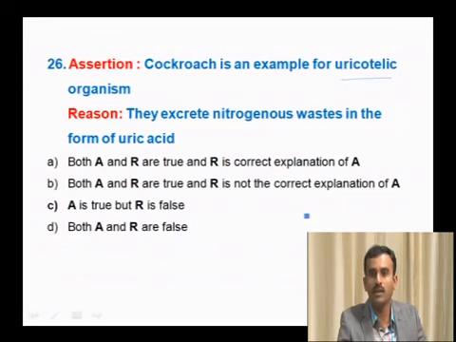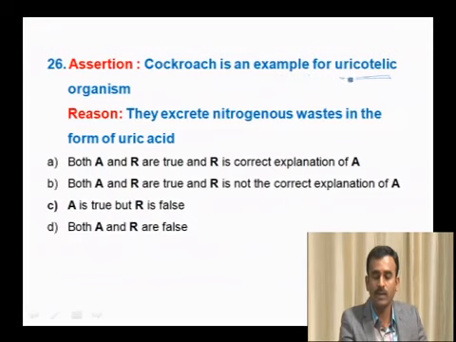Human beings are ureotelic. Most of the birds and arthropods excrete uric acid, so they are called uricotelic organisms. Fishes and amphibians, when they are in the aquatic habitat, are adapted for ammonotelic conditions.